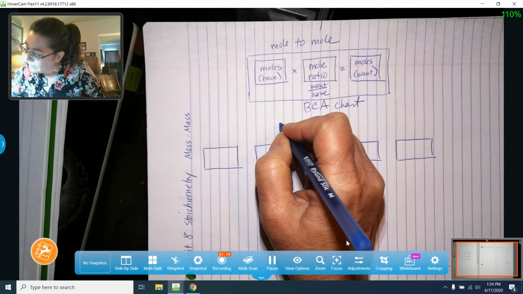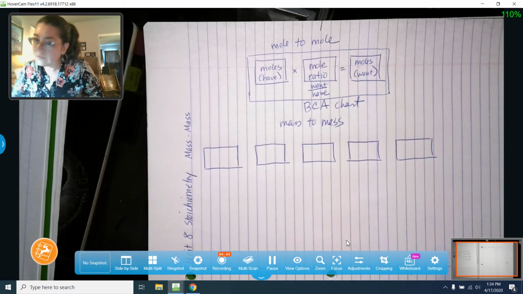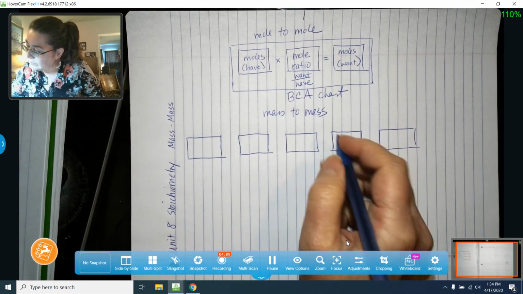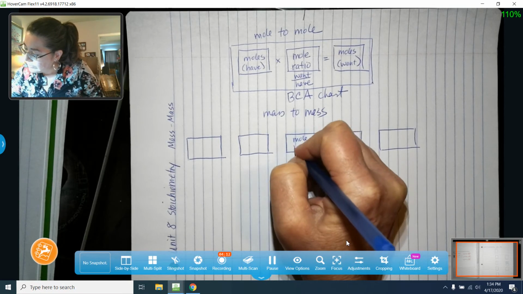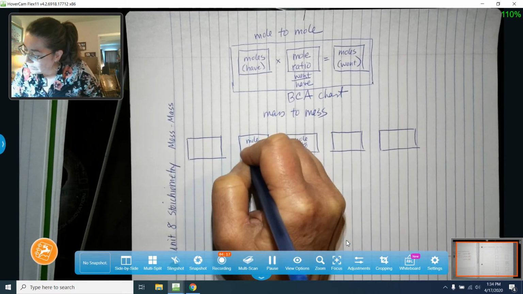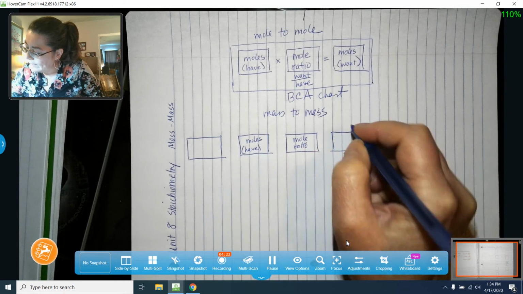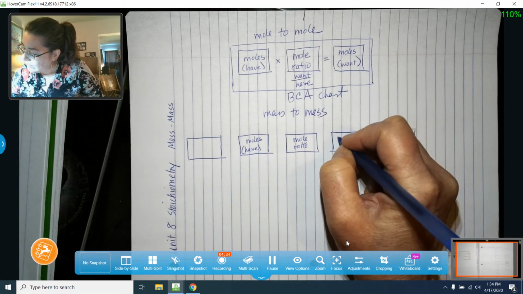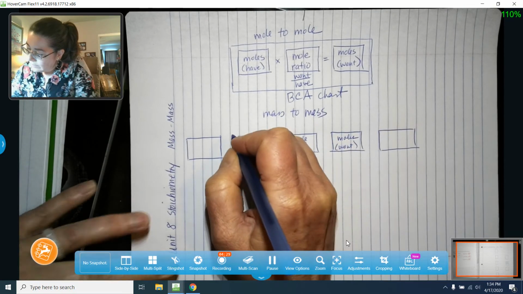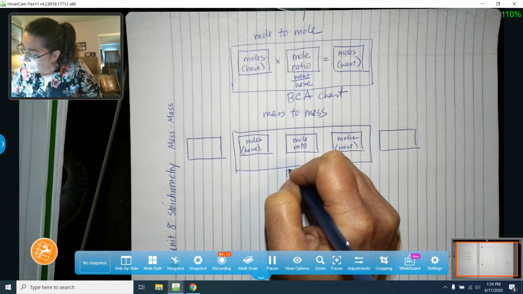Now for mass-to-mass stoichiometry problems, you're going to keep that central part. In other words, you're still going to have your mole ratio, moles of the stuff you have and moles of what you want to get, and this can still be done on the BCA chart.